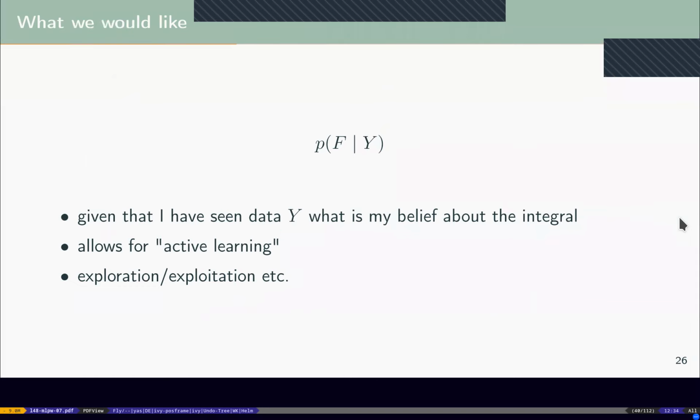I can say that I want to pick x locations that will lead me to minimizing the variance of this thing, right? I would also have the uncertainty of what I currently have. So I can say, I'm pretty dead certain now, so stop doing the computation. If I have this object, it would allow me to do the active learning loop that we did before.